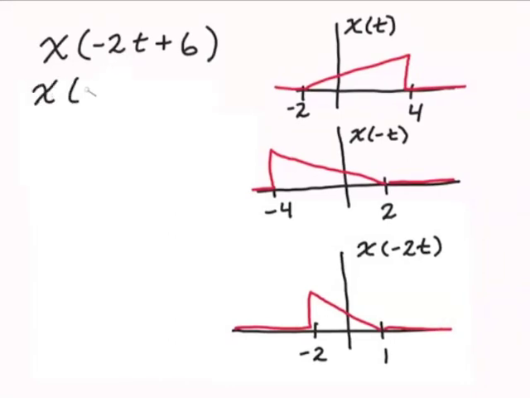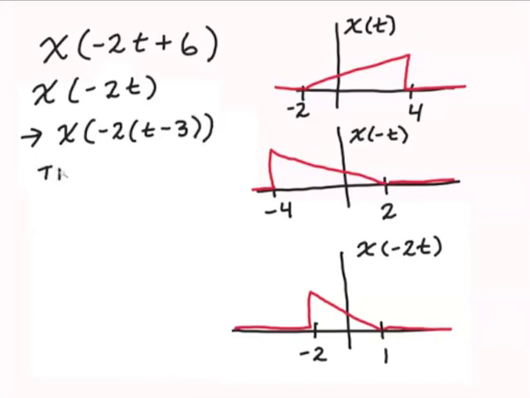Now we'll perform our last operation, which is the time shift by 3 seconds. We have x of minus 2t shown at the bottom of the page. We'll now find x of (minus 2t minus 3) in parentheses, that is minus 2t plus 6. So we need to do a time shift by 3 seconds to our signal.